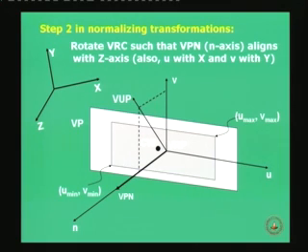So, the specification of the view up vector and VPN, these two vectors are sufficient to tell you where your u axis is, and a combination of u and VPN will tell you where your v is. But to get u, given VUP and given VPN, I repeat, the cross product of these two will give you the u axis.